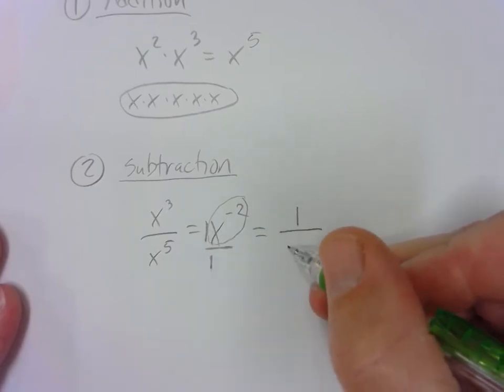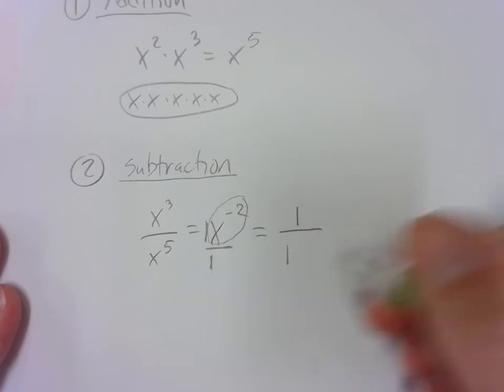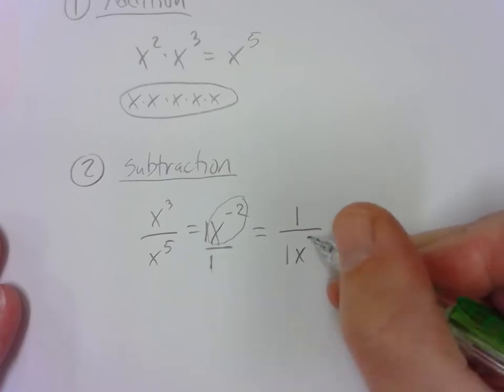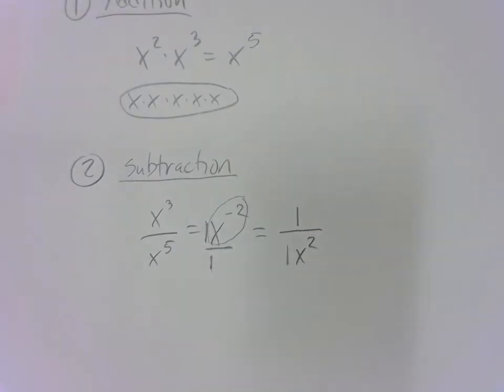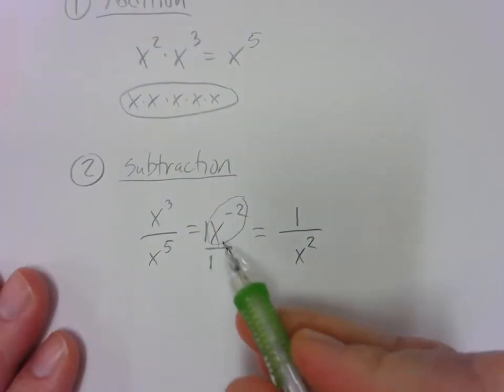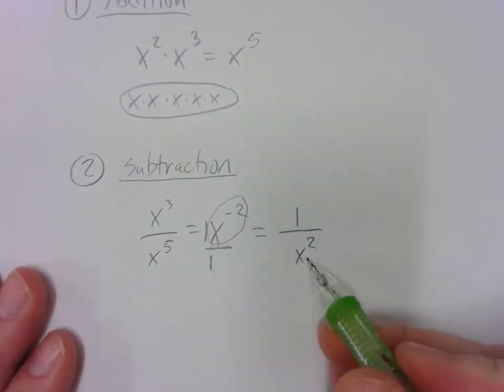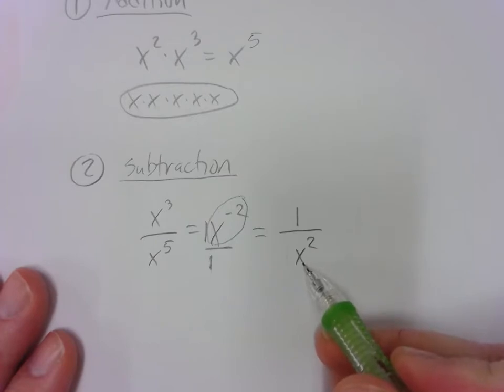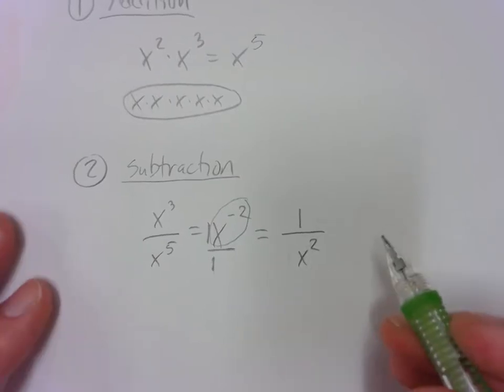You can write the 1 or not write it, x squared on the bottom, and that 1 really isn't necessary. Basically, the x to the negative 2, you throw it to the bottom of the fraction, and you make it positive.